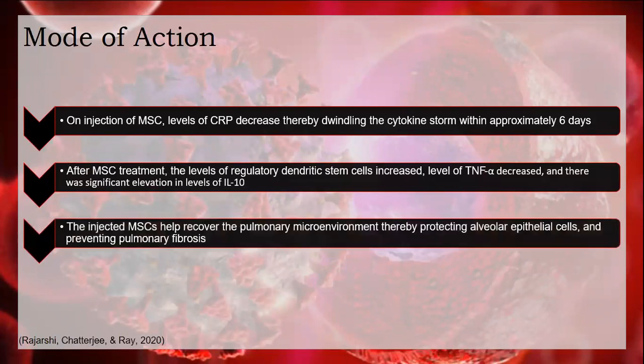Once the injected MSCs fully differentiate in the lung tissue, they replace the lung tissue and thereby help recover the pulmonary microenvironment, which protects the alveolar cells and also prevents the occurrence of long-term diseases such as pulmonary fibrosis and acute respiratory distress syndrome.